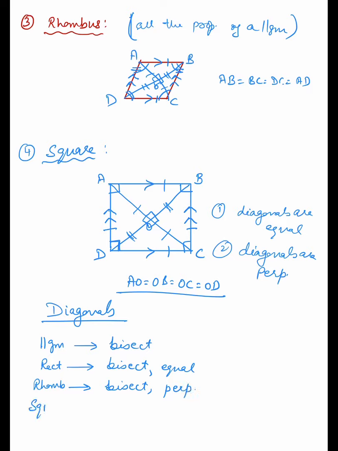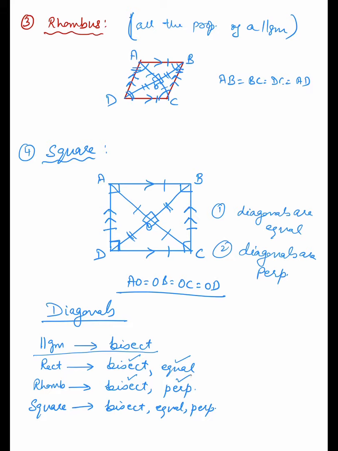When I talk about a square, the diagonals bisect each other, they are equal, as well as perpendicular. So what do you feel? In a parallelogram, the least number of properties of a diagonal are present: the diagonals only bisect each other. In a rectangle, along with bisecting, they are equal. In a rhombus, along with bisecting, they are perpendicular.